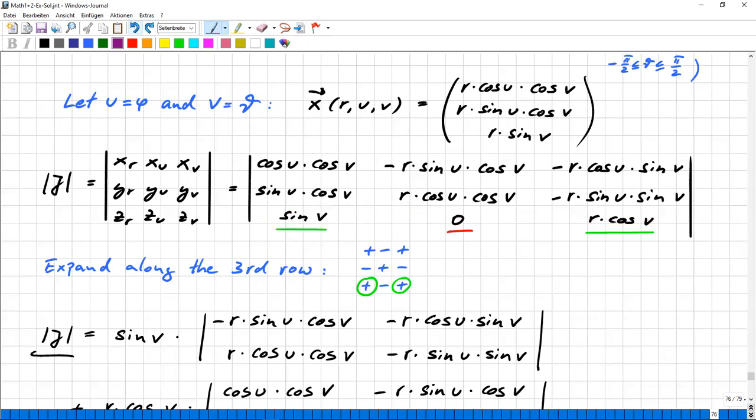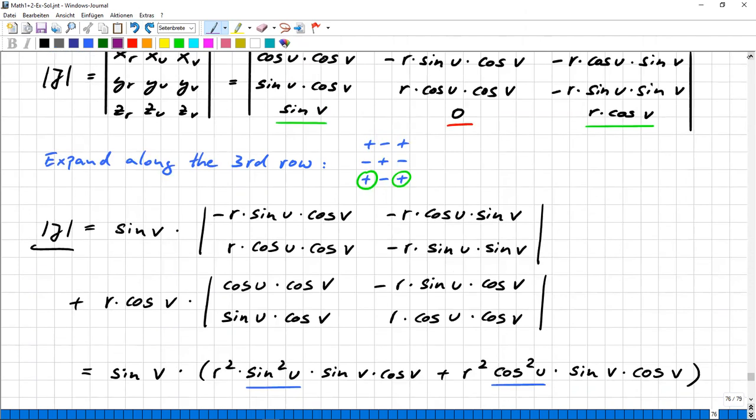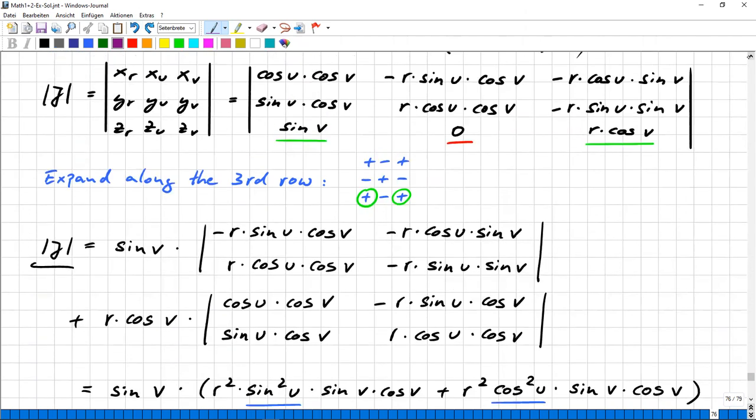So that's what I'm doing, and I get this, what you see here. You just believe me. In the second step, I take the r times cosine of v and then cross out. This is what remains, the second submatrix we have to consider.